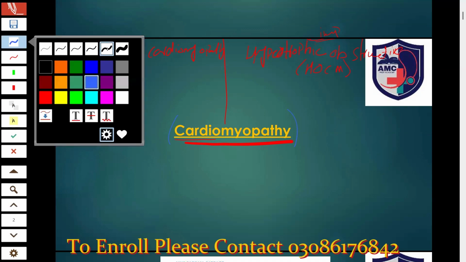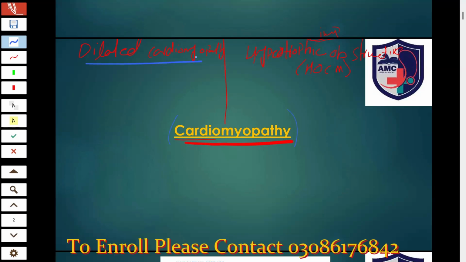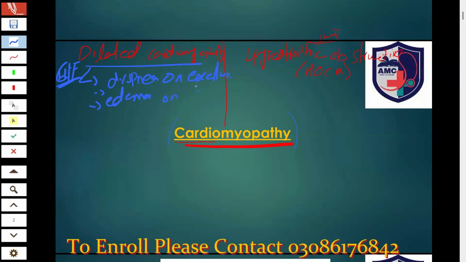So one by one, we will discuss what is dilated cardiomyopathy. In history, presentation, clinical features, the patient presented with dyspnea on exertion, edema on feet, ankle.